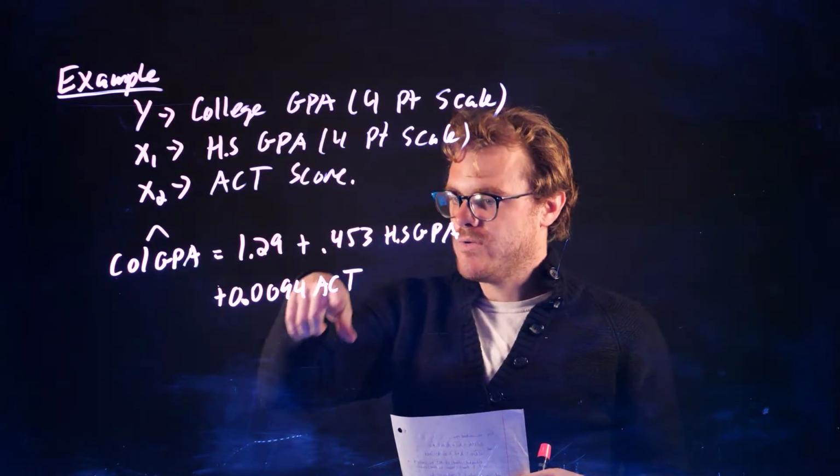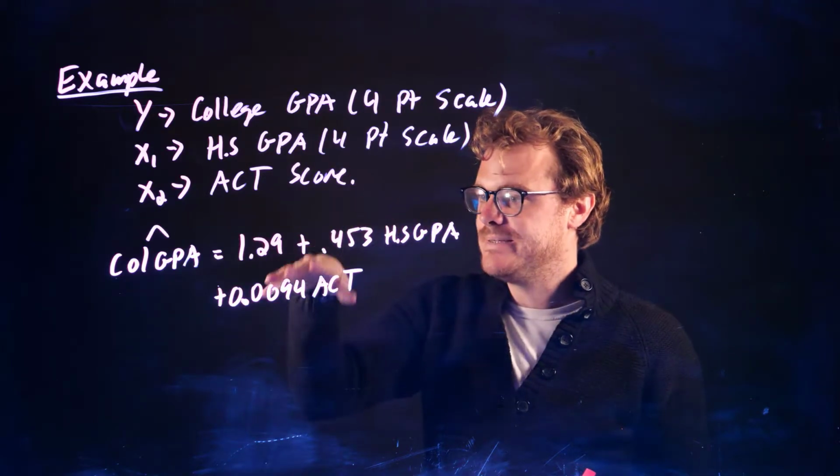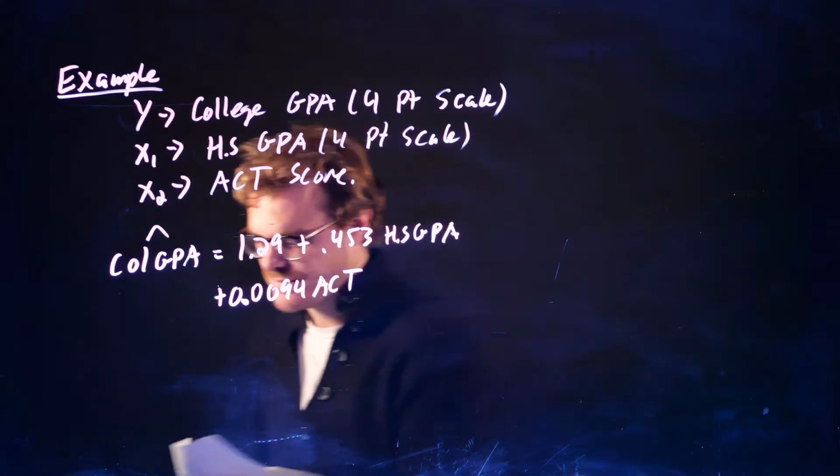So this is the result we get after we run our regression in Stata. The intercept is 1.29.